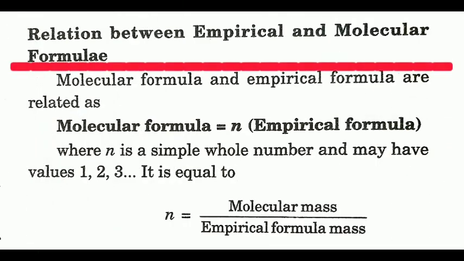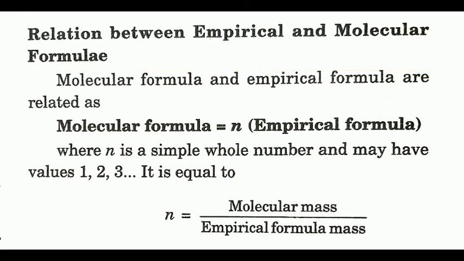Now we will see the relationship between empirical and molecular formula. The molecular formula is equal to n times the empirical formula, where n is a simple whole number and may have values 1, 2, 3 and so on. So n is equal to molecular mass divided by empirical formula mass.